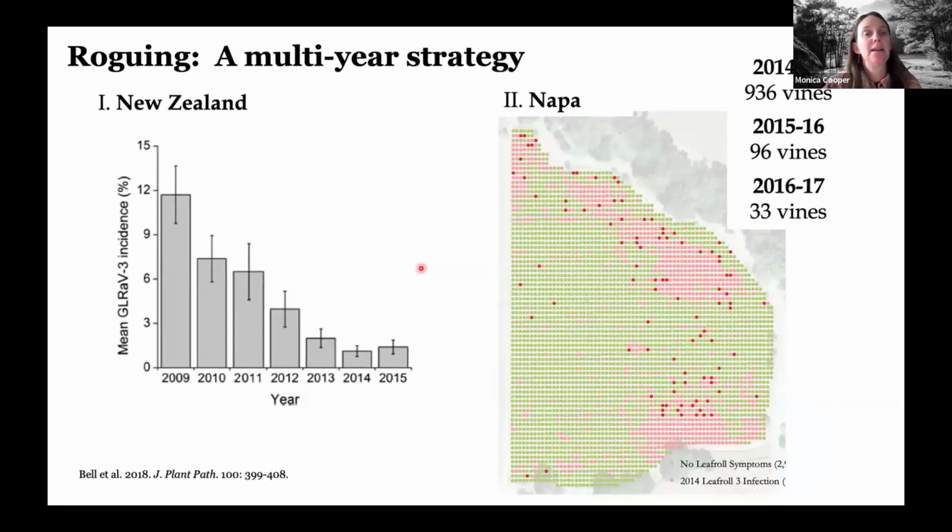I did mention that it needs to be a multi-year strategy because you're that 1 year behind. You're slowly reducing the amount of disease incidence over time if you're just removing the symptomatic vines. So it can take between 3 and 5 years to really get to levels where you're having less than 1 or 5% disease incidence every year.